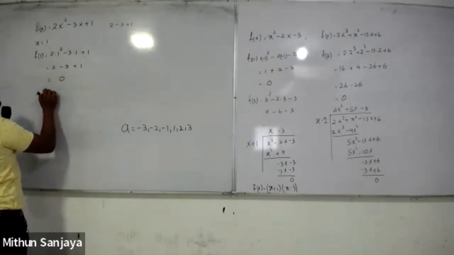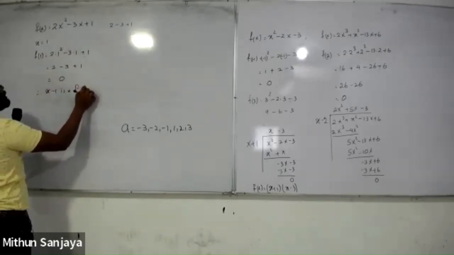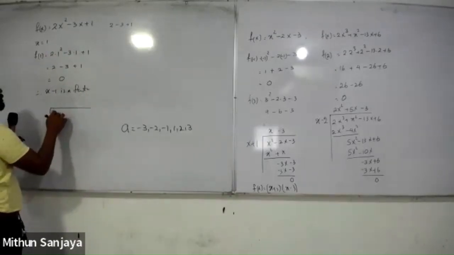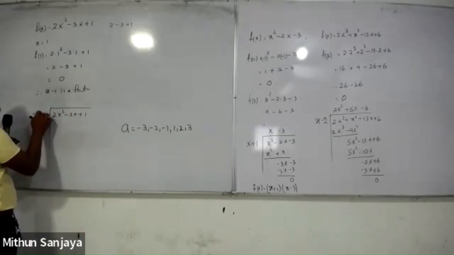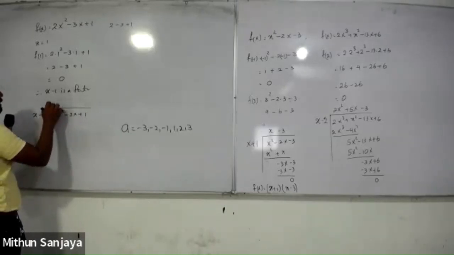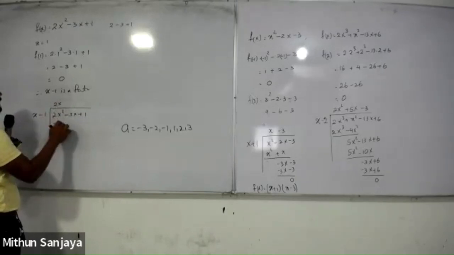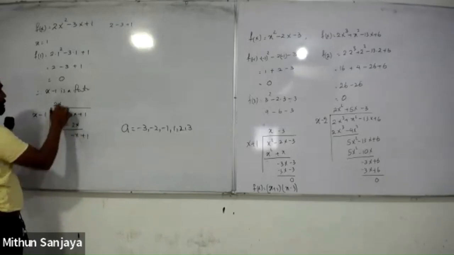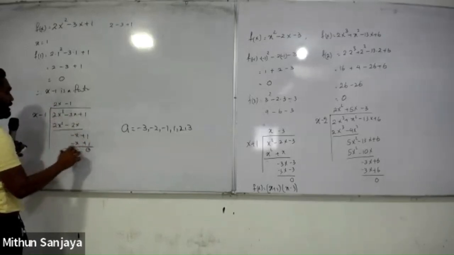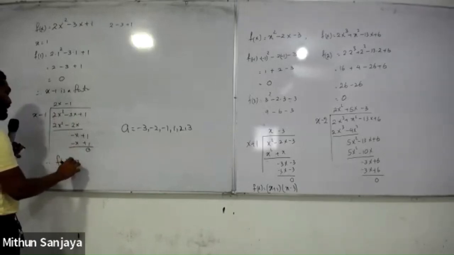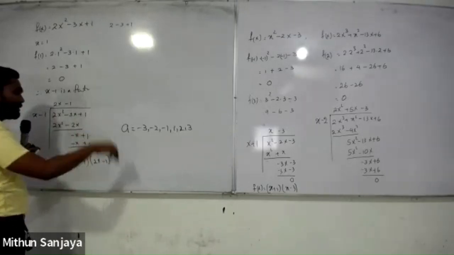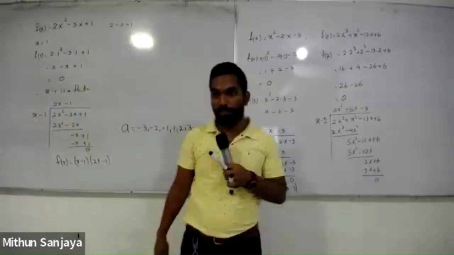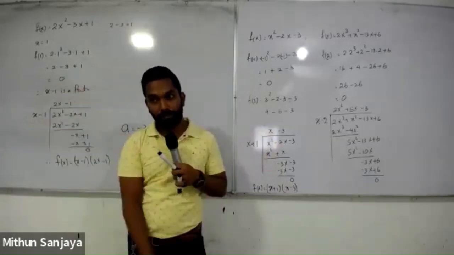Therefore x minus 1 is a factor. Then using the law of division, divide by x minus 1 to get the expression: 2x times x is 2x squared, 2x times minus 1 is minus 2x, leaving minus x plus 1, and minus x plus 1 gives 0. Therefore it equals x minus 1 times 2x minus 1. That is the way we get the factorization.